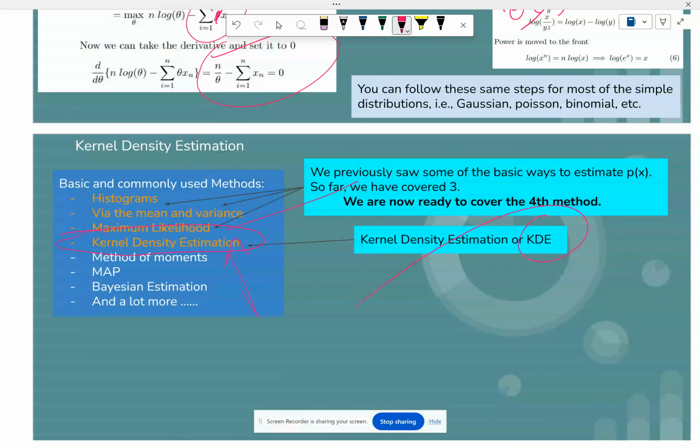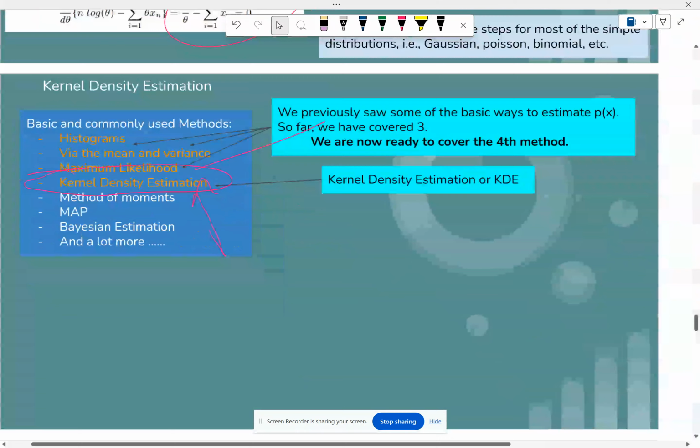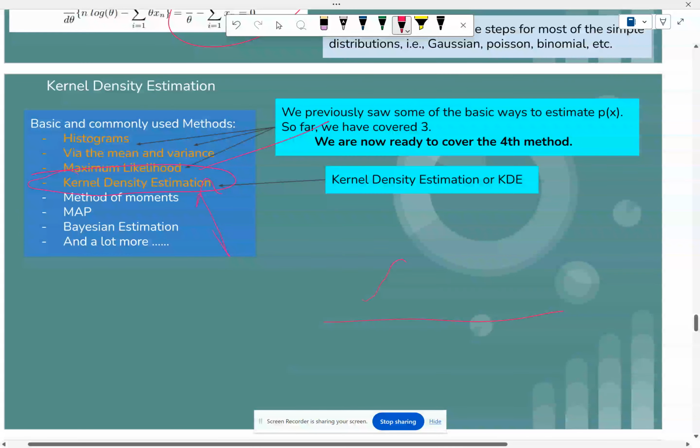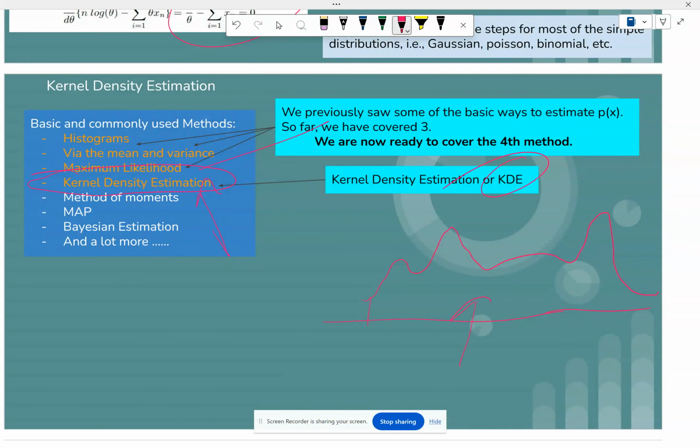This is the most powerful because you are no longer restricted by a function. It doesn't matter what the shape is. It could be something like this. It could be any single shape. And using KDE, you will be able to get the P of x, the actual function itself, for any shape. That is how powerful KDE is.